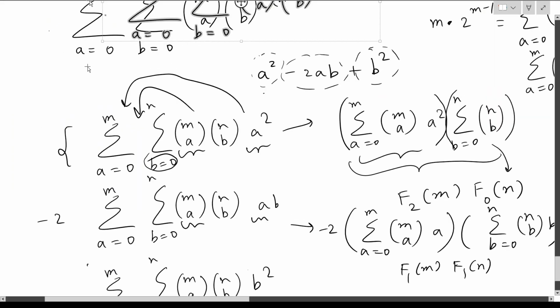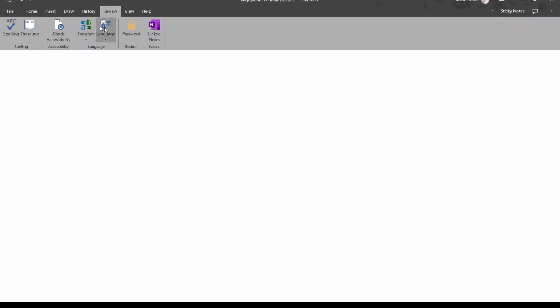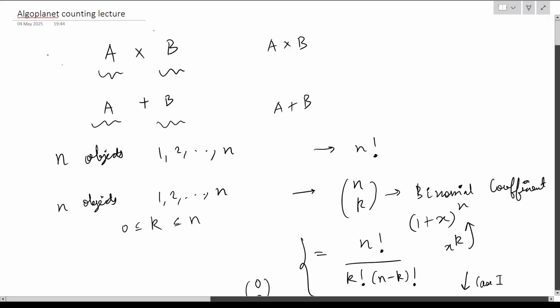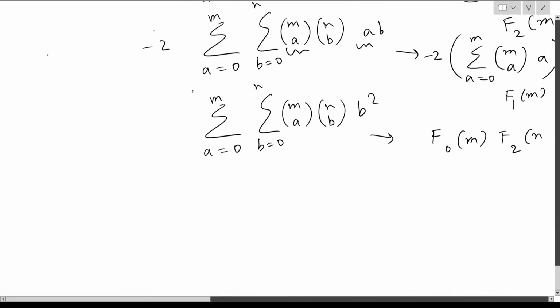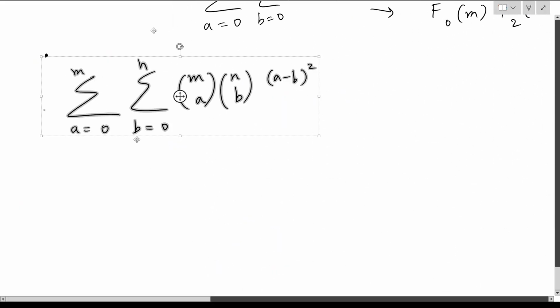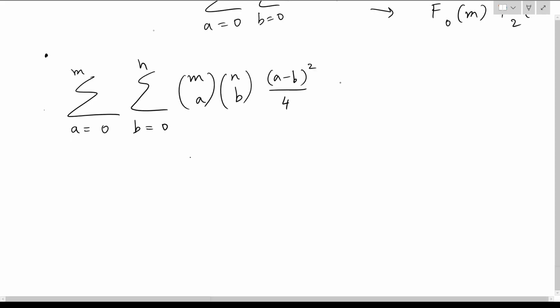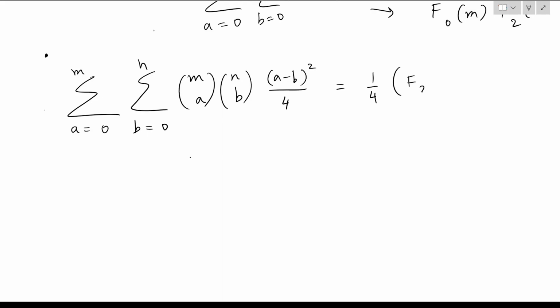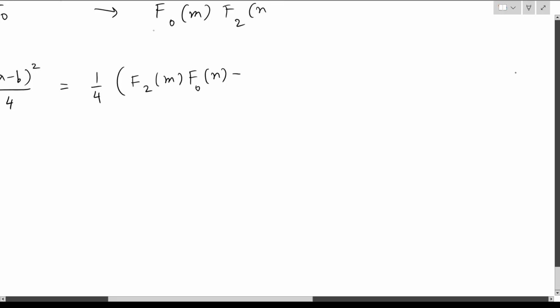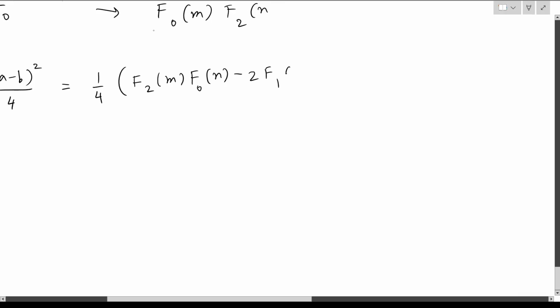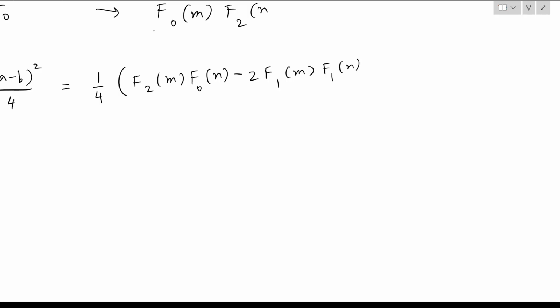So what we've proven is that this sum, let's add the 1 by 4 now, is equal to 1 by 4 times, we first have f2 of n, f2 of m, f0 of n, minus 2 f1 of m, f1 of n, plus f0 of m, and f1 of n.